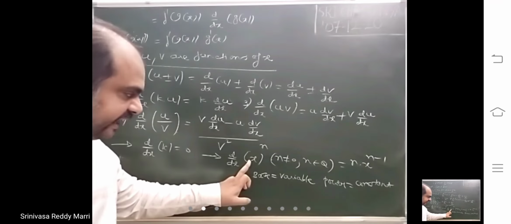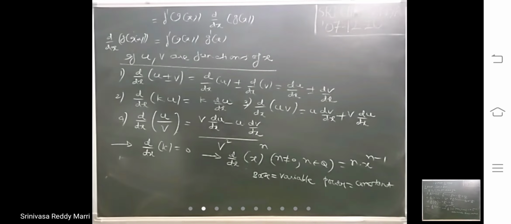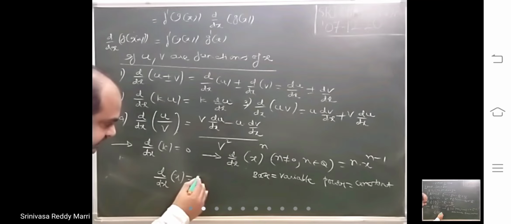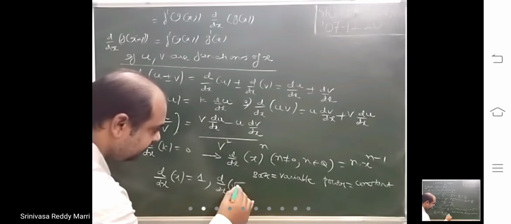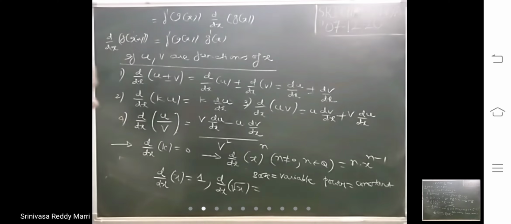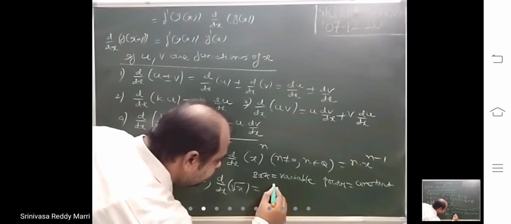If the base is a variable, that means in terms of x, and n is a number, that means a rational number, the power is constant. So d by dx of x is nothing but 1. d by dx of root x, that means this is x power 1 by 2.